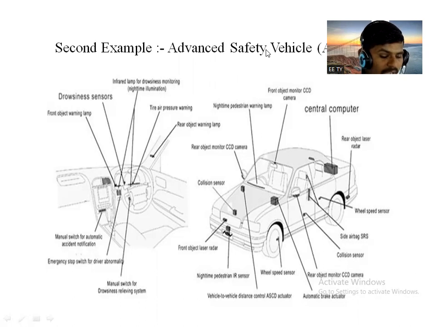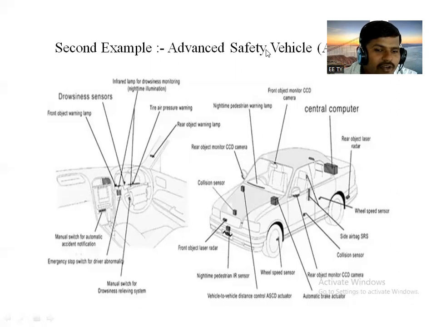These sensors can be used for emergency braking, or for emergency speed reduction, right? They can be used in an advanced safety system or advanced safety vehicle. Again there is a side airbag sensor also.